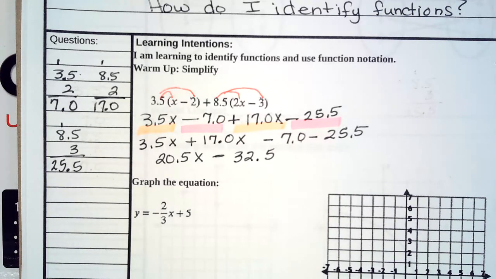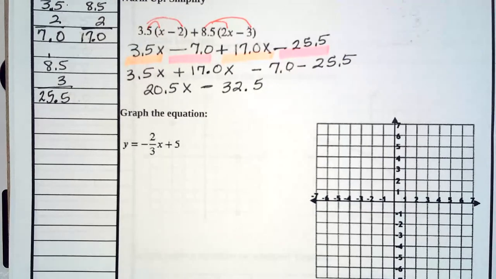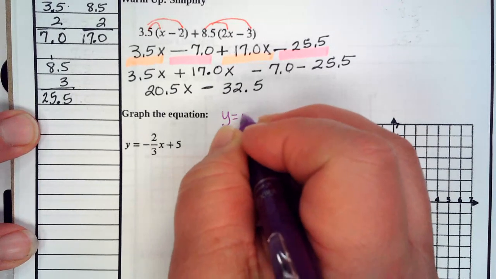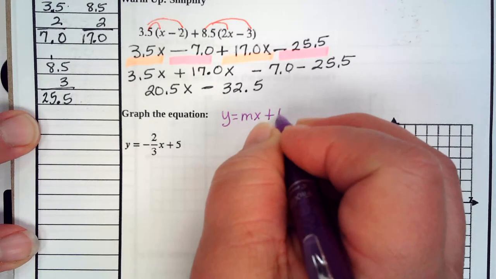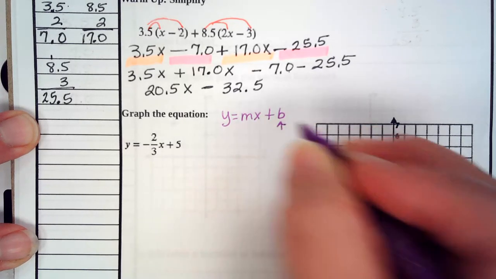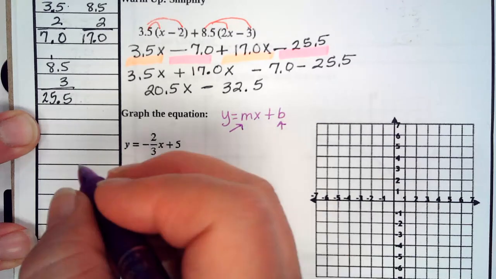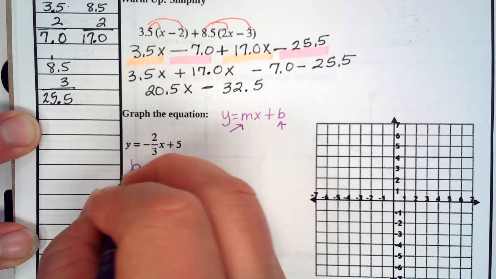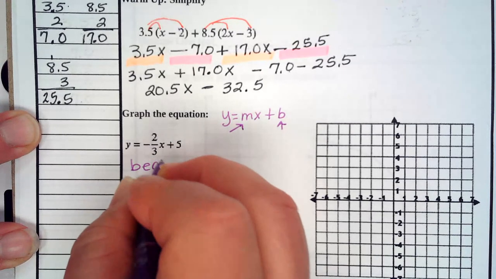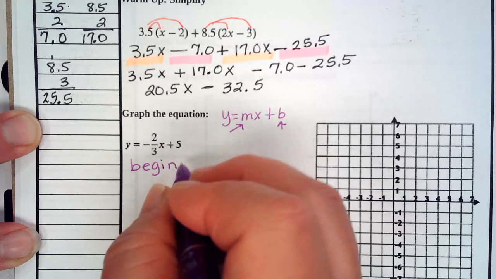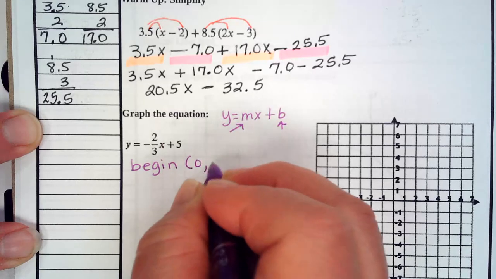Okay, do you remember how to graph your equations? This is in the form y equals mx plus b. b is where you begin. m is how you move. So I'm going to begin at 5, and this is actually (0, 5).